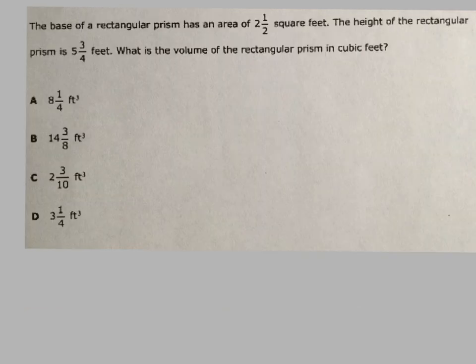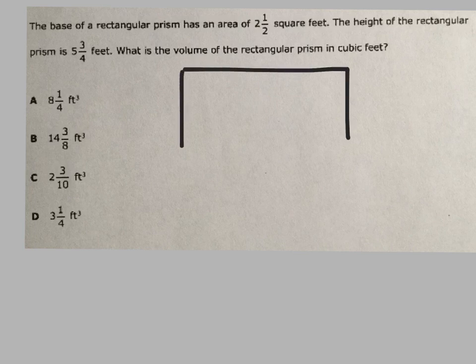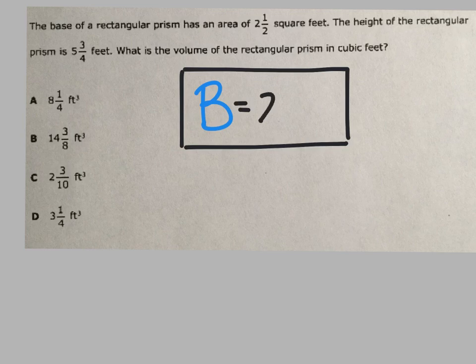The base of a rectangular prism has an area of 2.5 square feet. So the area of the base is called big B. So big B is equal to 2.5 square feet.